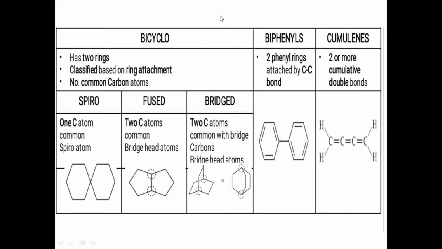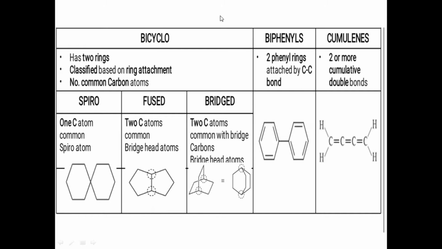Under bicyclic compounds there are three types: Spiro compounds, second the fused compounds, and third the bridged compounds. Then next, there are the biphenyls and the cumulenes.